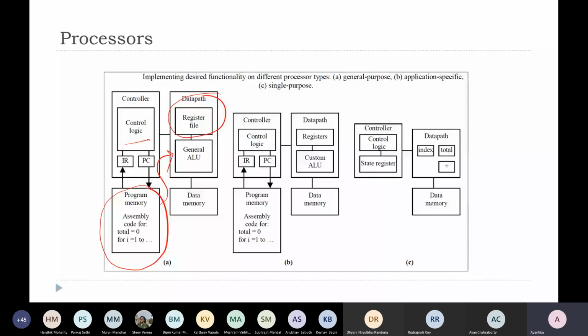So in general purpose processing, that we have already discussed before, we are only arranging the instructions. That means we are only working in the software part mostly, and that's why we are only focusing on the instruction writing.